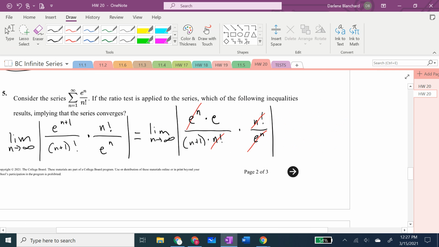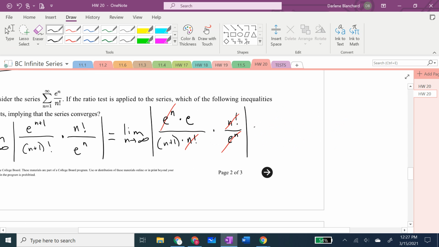And I end up with, I need to solve the limit as n approaches infinity of e over n+1. E is a particular number. If my denominator is heading to infinity, this is 0.